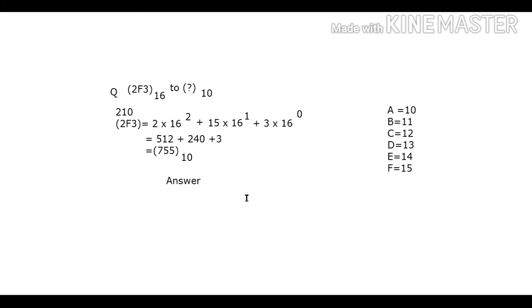Okay, so now we will do another sum, that is hexadecimal to binary. Now we will convert a hexadecimal number to a binary number. Let me erase the drawings, clear all my drawings.